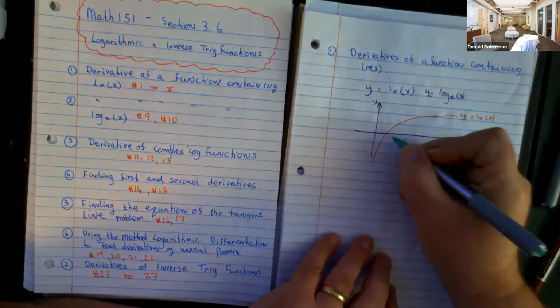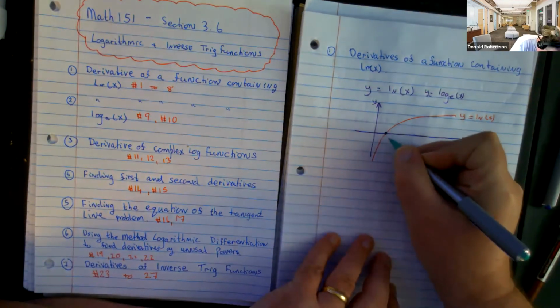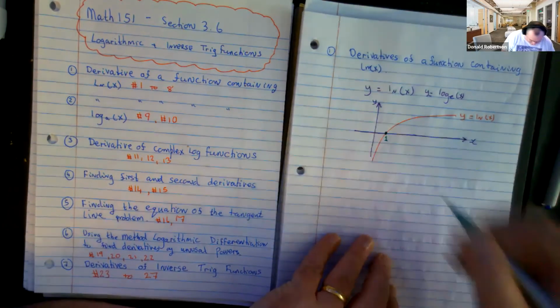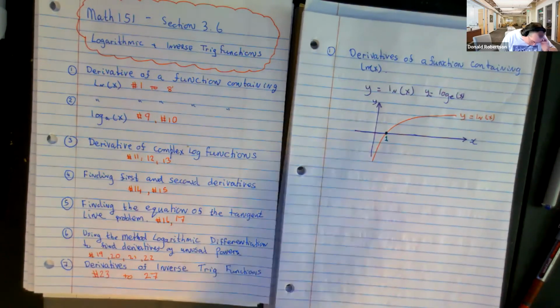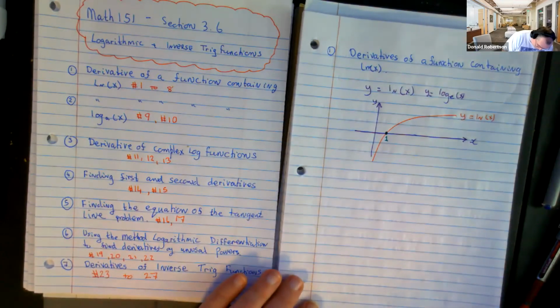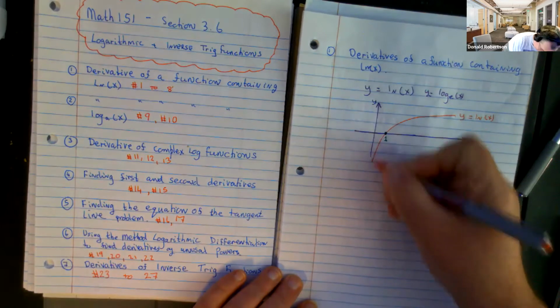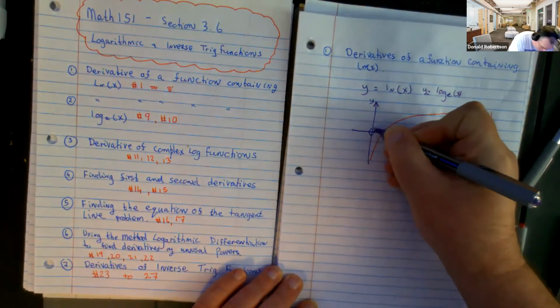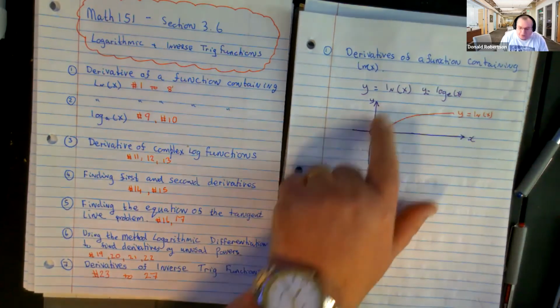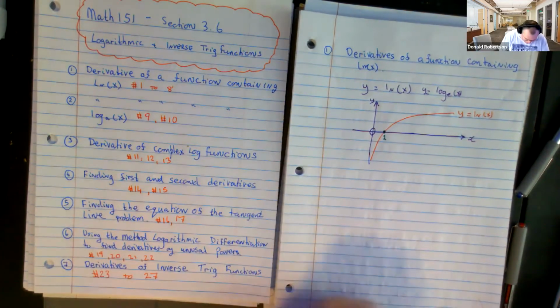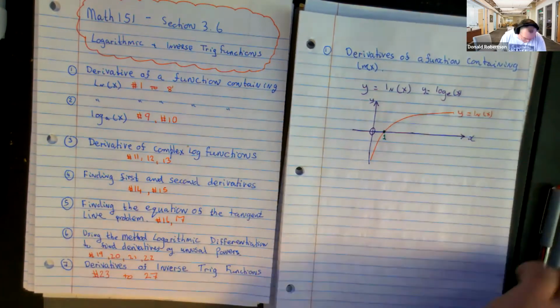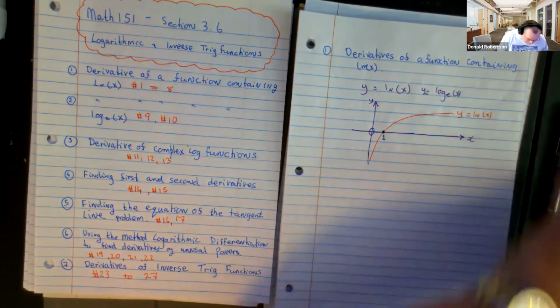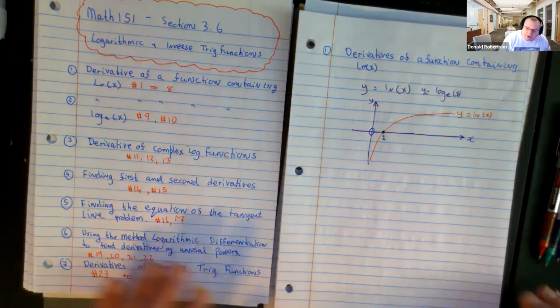They have a single x-axis intercept at 1, and they have a vertical asymptote here. So as x gets closer to 0, the natural log of x becomes negative infinity. It's not the weirdest looking curve in the world, but that's what it is.